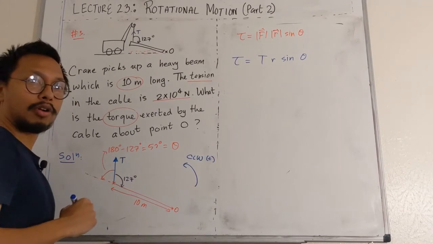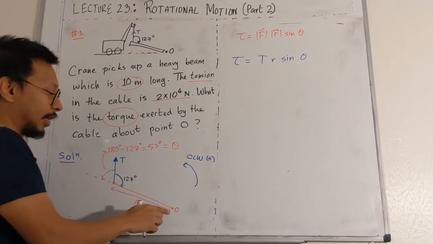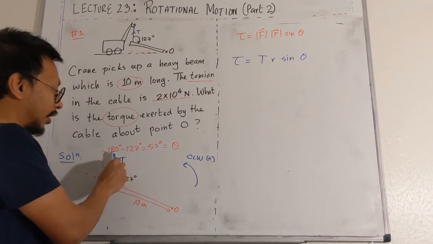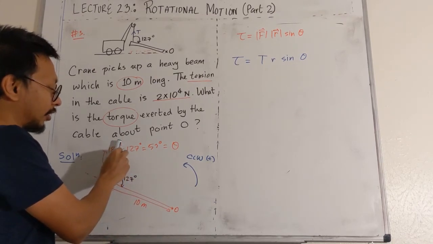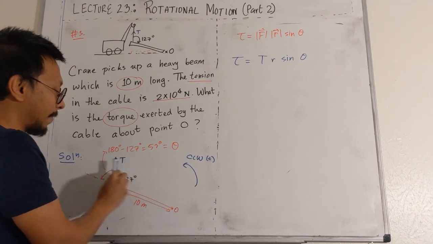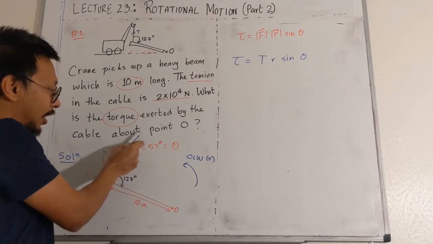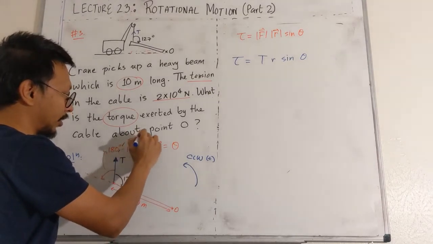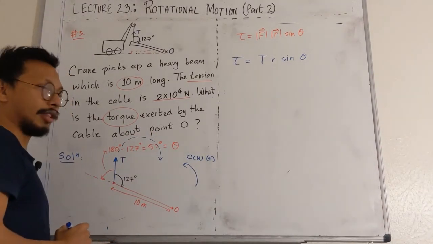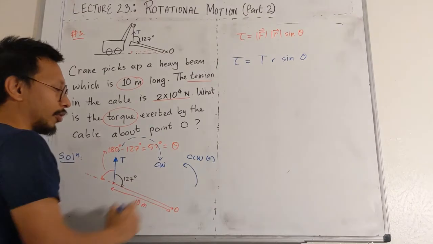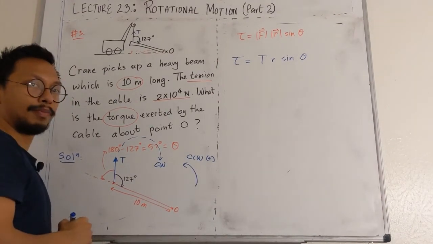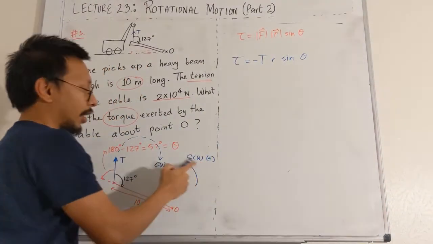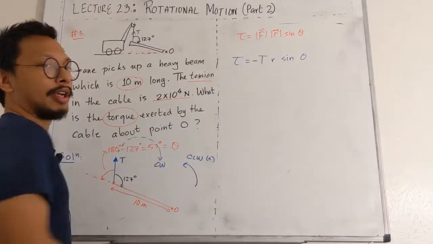Is it counterclockwise or clockwise? If you look at the fixed axis position, the cable is causing a torque to rotate the beam like this around point O. So the rotation is going in this direction, meaning the torque produced by this cable tension is clockwise, and according to our convention, clockwise is a negative torque.